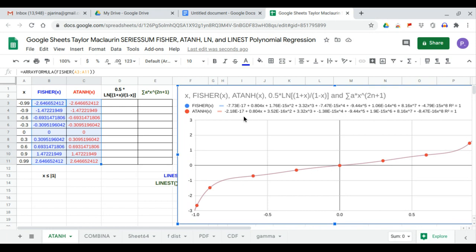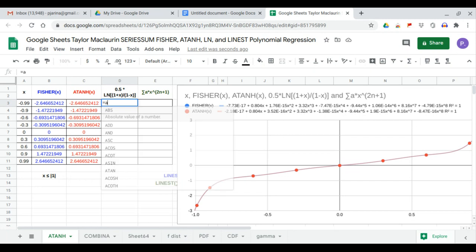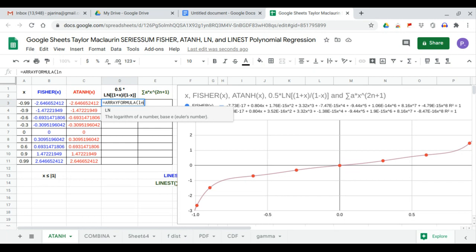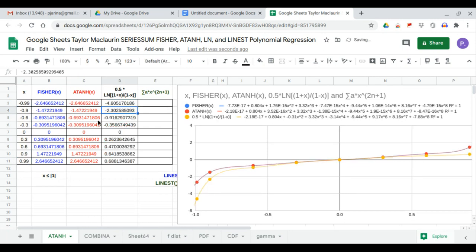We can also generate the same output using this logarithm formula. We begin with the logarithm. So array formula, ln 1 plus x. That's the ln 1 plus x. And we factor in the ln 1 minus x, so ln 1 minus x.